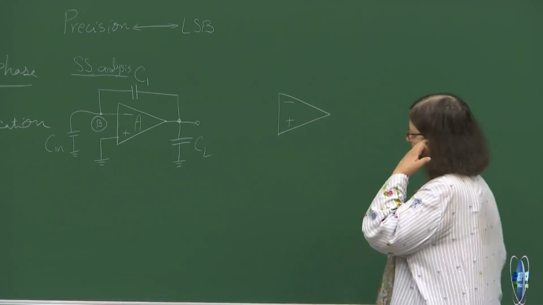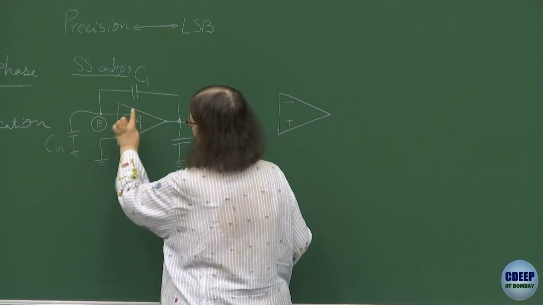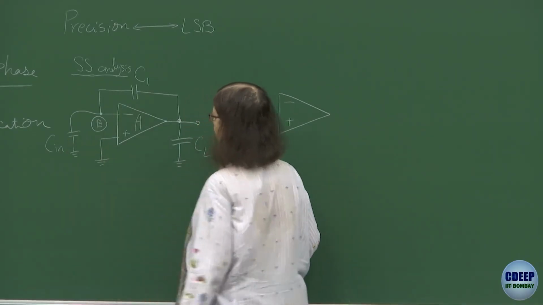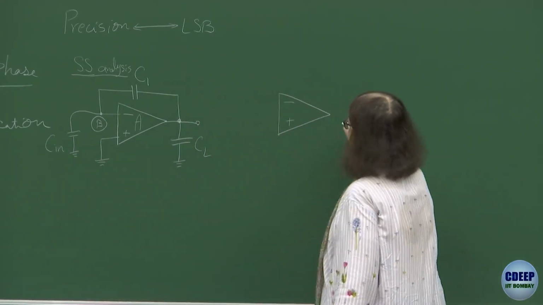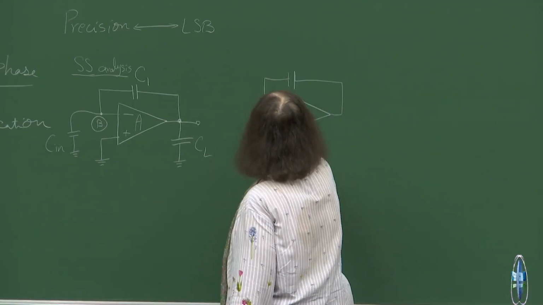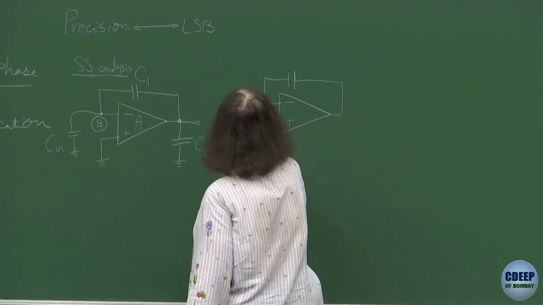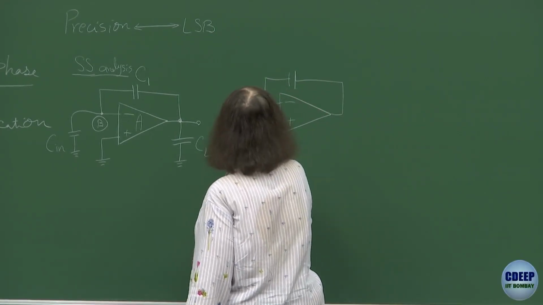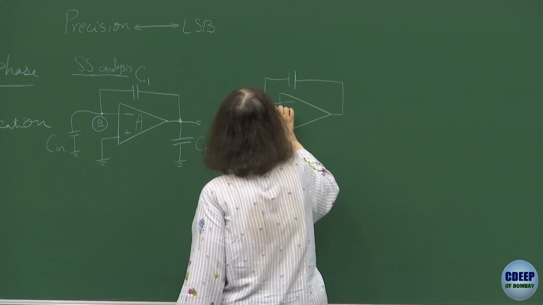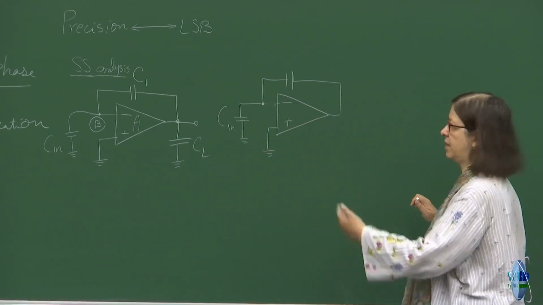Now, if you look this way, you have C1 and you have Cin. So I draw it again here. Because the input current is 0, let me temporarily remove this branch, because it's as good as removing it.